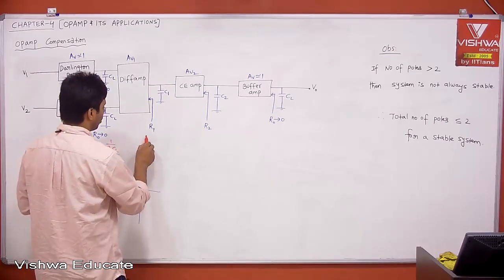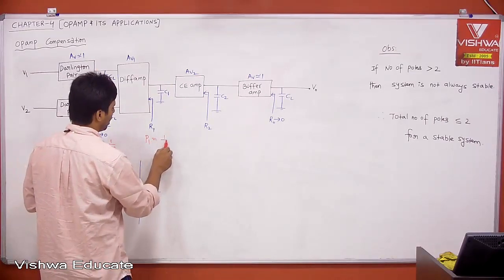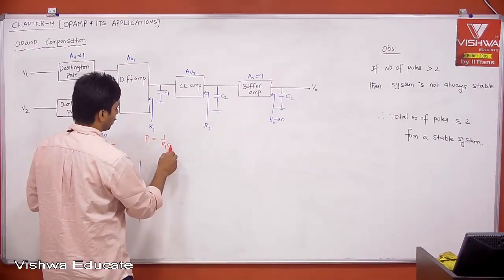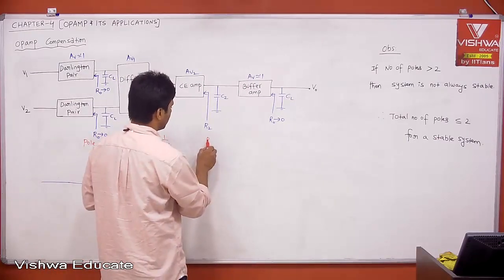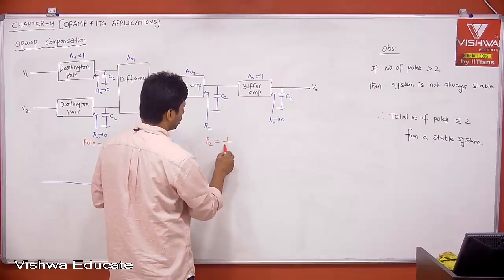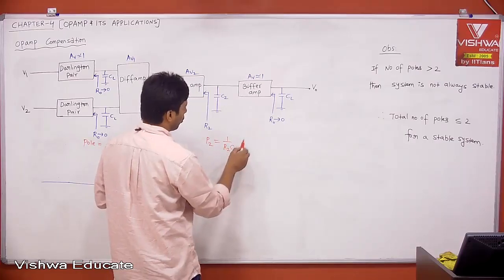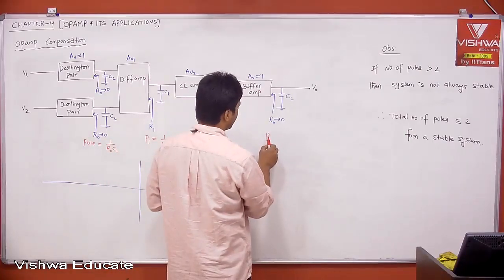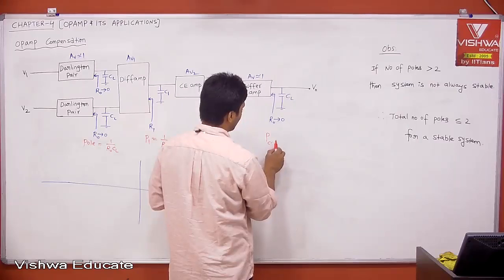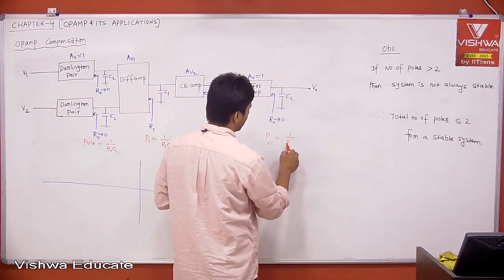Let us say this is your pole P1. What is P1? 1 by R1 C1. And what is pole P2? This is 1 by R2 C2. Then what is the pole here? The pole of the CC amplifier is 1 by R0 CL.